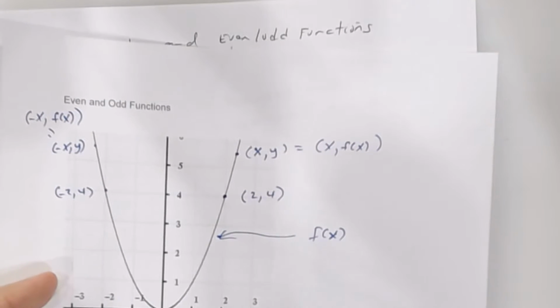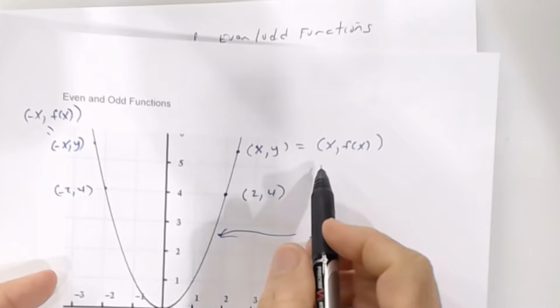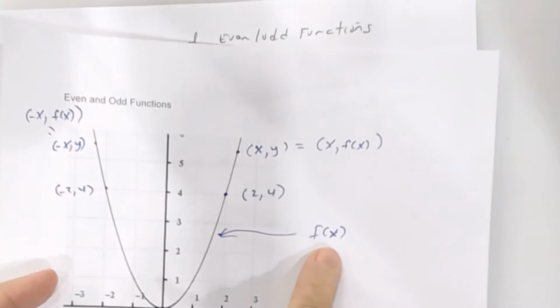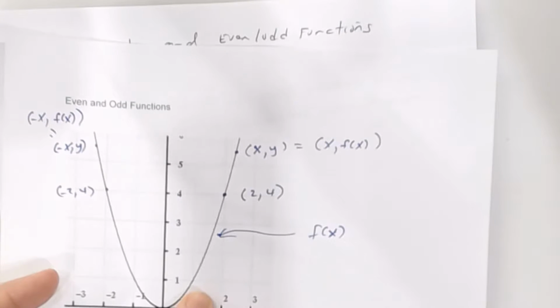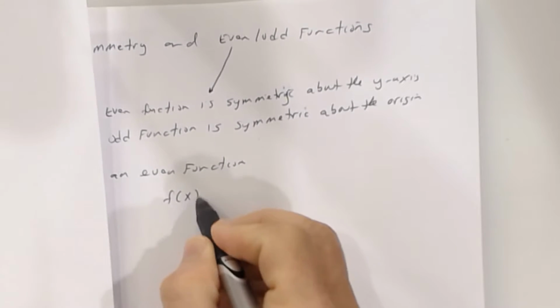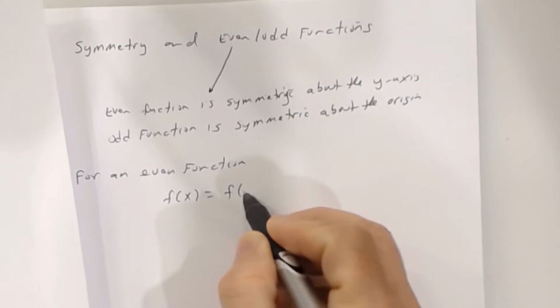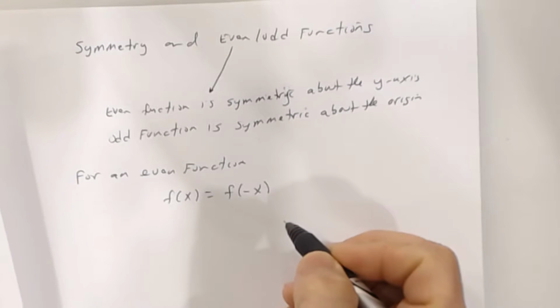For an even function, do y'all agree? Remember this is f of x, right? This is my function f of x. So do y'all agree that f of x will be the same, now we're going to discuss this, as f of negative x?